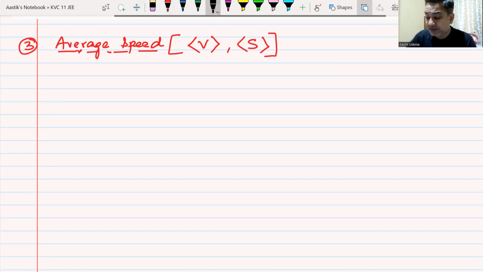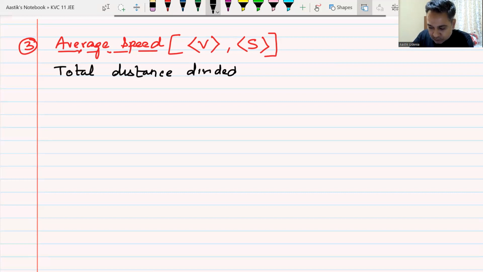S in a box is average speed. Since you know this, tell me what is average speed. Total distance covered by total time taken. Well done. It is as simple as this. Total distance divided by total time. That is, my dear friends, my average speed.